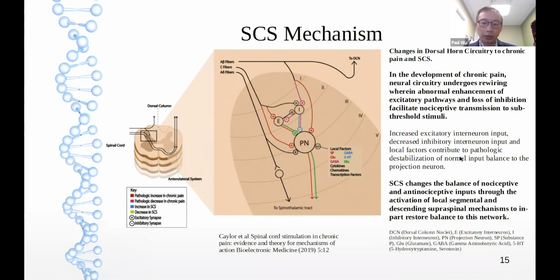And basically what spinal cord stimulation does is it changes the balance of nociceptive and anti-nociceptive input through the activation of local, segmental, and descending supraspinal mechanisms to restore balance to this network.